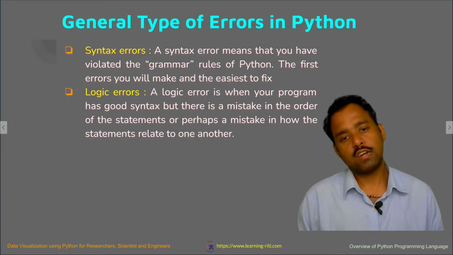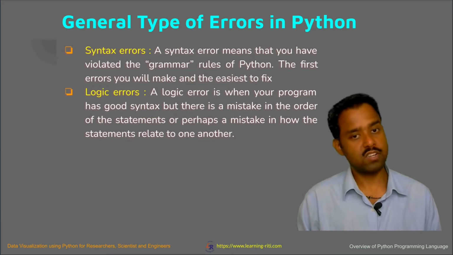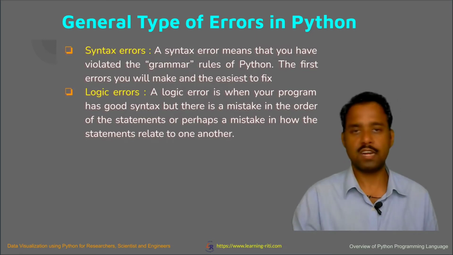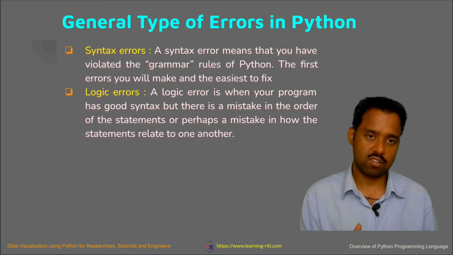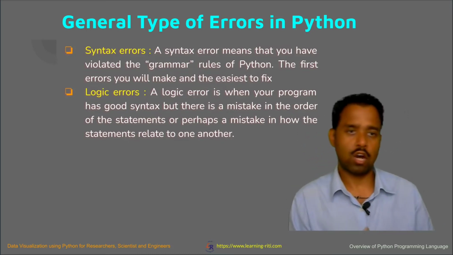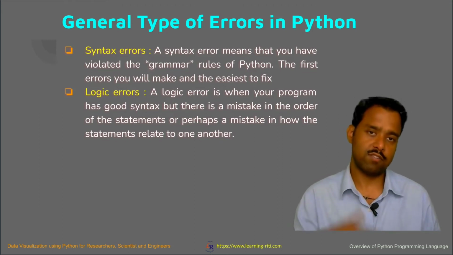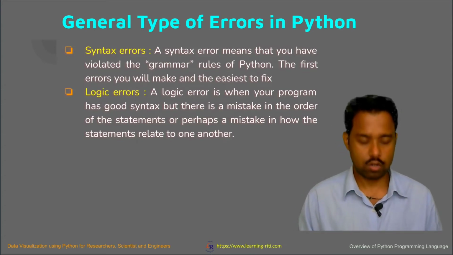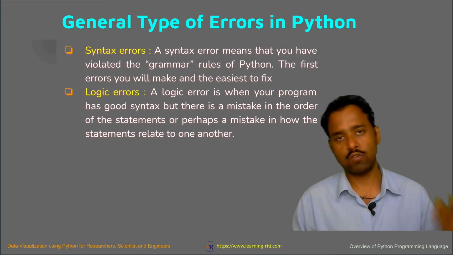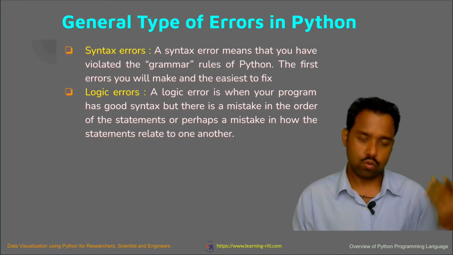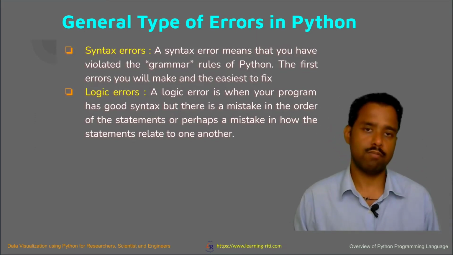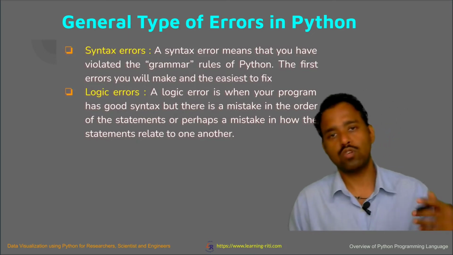The other error you can think of is the logical error, where your program has good syntax, but there is a mistake in the order of the statements, or perhaps in how the statements relate to one another. I said they follow a sequential manner, and if the conditions are not met or not given in the right order, you will not get your desired result even if your code is written correctly. For example, consider you pour water from a bottle into your glass, and then you put the bottle back in your backpack without closing the bottle neck, and you walk around and only later try to close it.